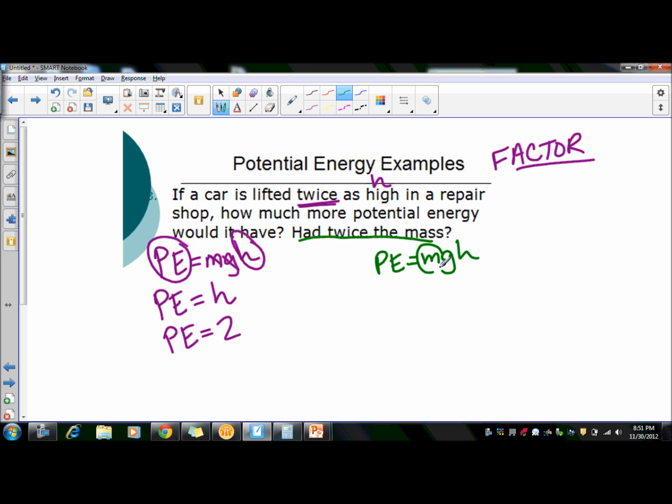Now mass is changing and the potential energy is changing again. These go away. So the change in potential energy is equal to the change in mass. So the change in potential energy will also double. If mass doubles, potential energy will double.